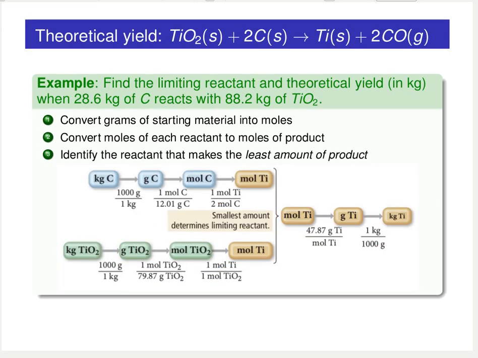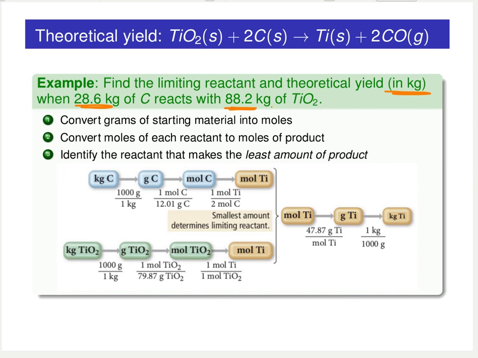Now, as one little bit more involved problem, it essentially requires the same exact techniques, but just a little bit more work. It is given here in this reaction involving titanium oxide and carbon. In this reaction, we are given values of reactants in units of kilograms, and we want to figure out which one of these two compounds, titanium dioxide and carbon, is going to be limiting.